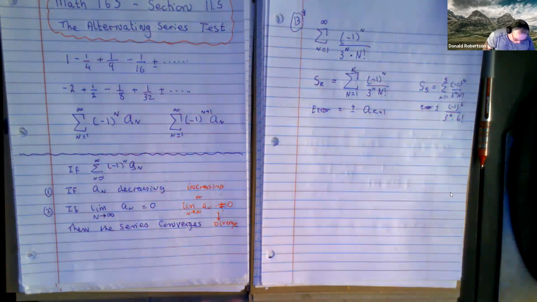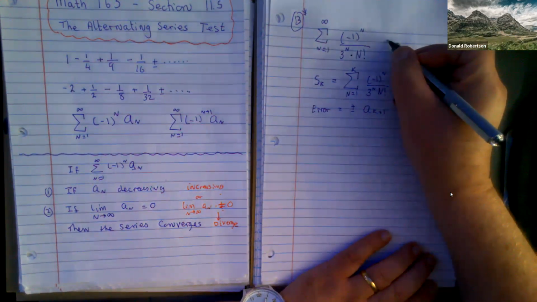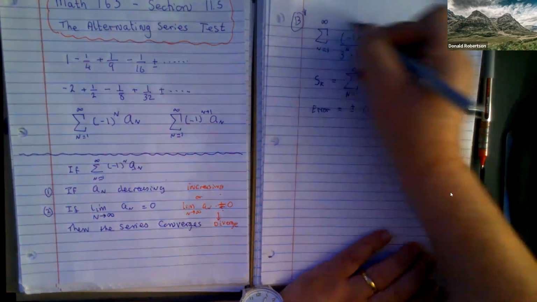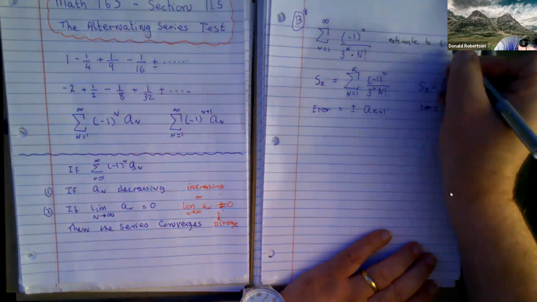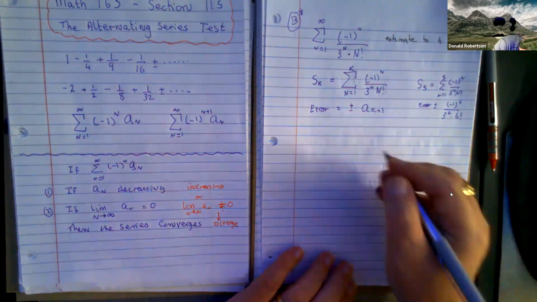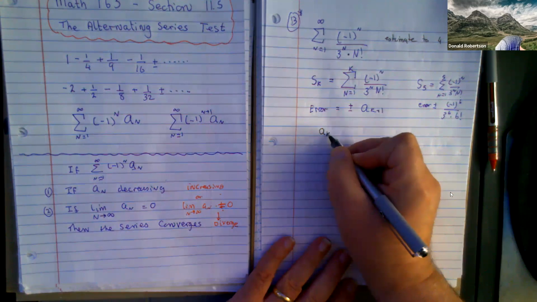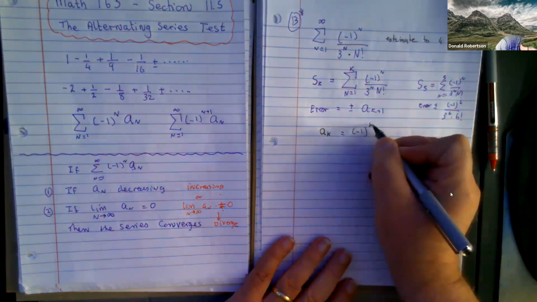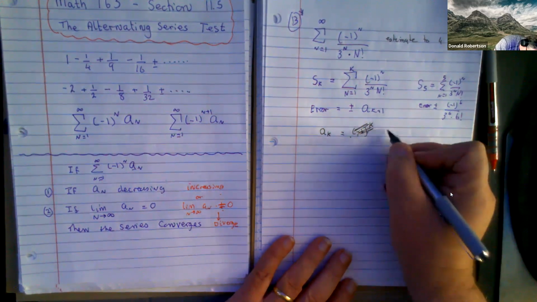So in question 13, you're told that this converges, and we are being asked to estimate what this adds up to, to 4 decimal places. So the way I'm going to do that is I'm going to find e to the k, which is this guy. In fact, I don't need the -1, I can just do 1.